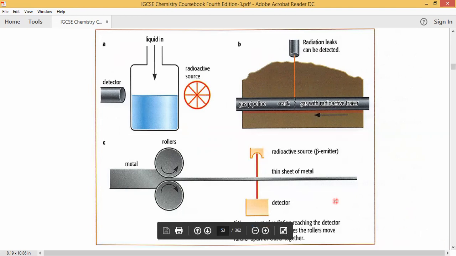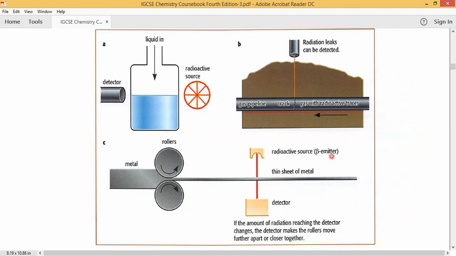The third and final use we see in the diagram is part C. We can see we are converting a big piece of metal with the help of rollers into thin sheets of it. We commonly do it with iron, aluminum, and other metals such as copper. Once again, we have a radioactive source. They have written the word beta meter.